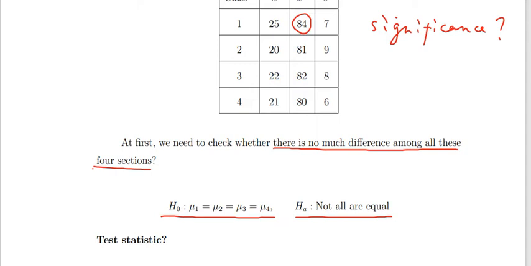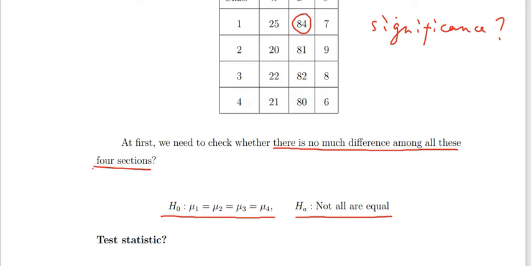Maybe class 2 and class 4, 80 and 81, are quite the same, but class 1 and class 4 have some significant difference, right?